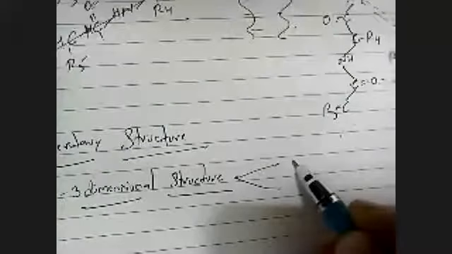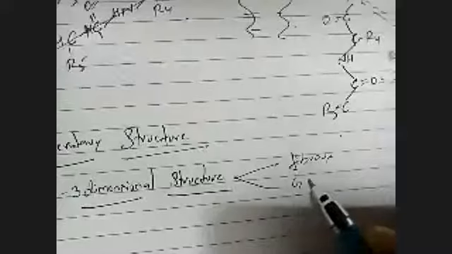In that you have two major molecular shapes. It means this three-dimensional structure may be attained in two ways. One is fibrous, another one is globular.